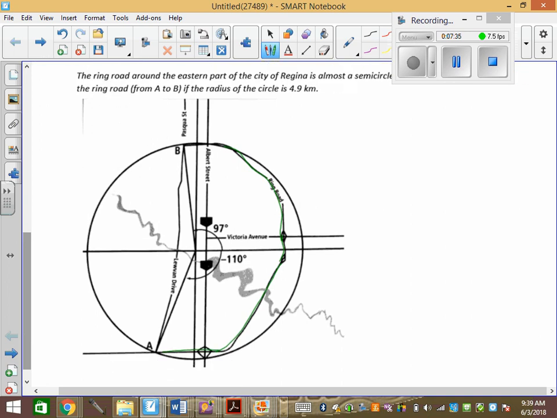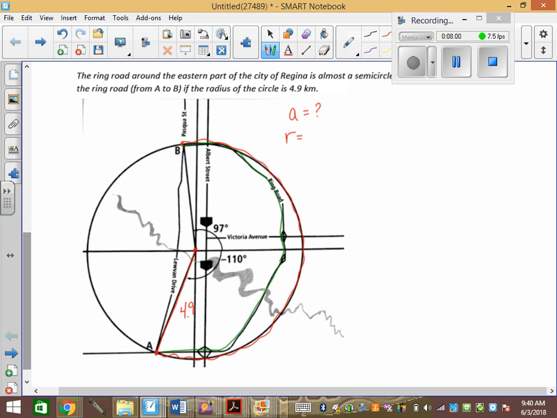So we keep going here. They want us to estimate the ring road from A to B if the radius of the circle is 4.9. So if we start here, we're going to say that this here is 4.9. And they want the arc. So we're trying to find the arc.